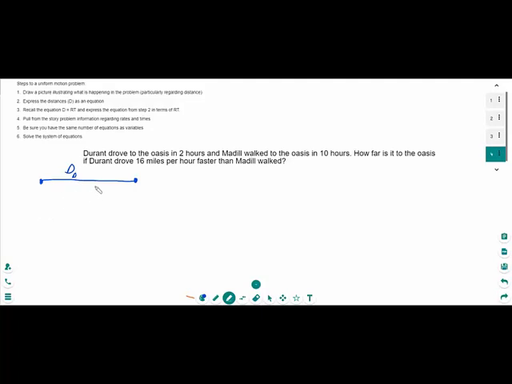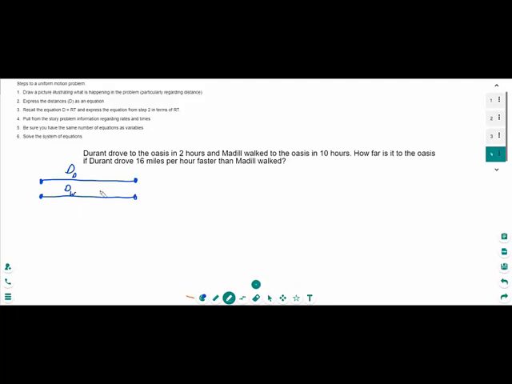Okay. And then Maddel walked to the oasis. But we're assuming that they started at the same place. They don't say that explicitly, actually, but let's just assume that they do. So they started at the same place, and now Maddel walked to the oasis. So we'll call this the distance sub W for distance walked.